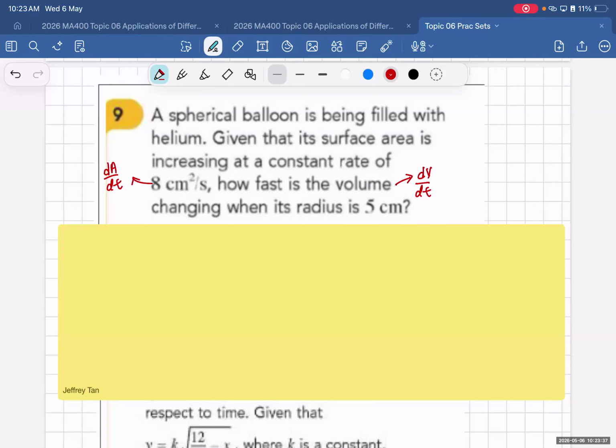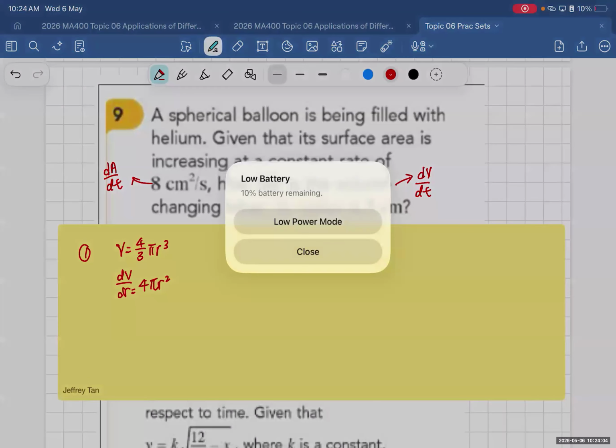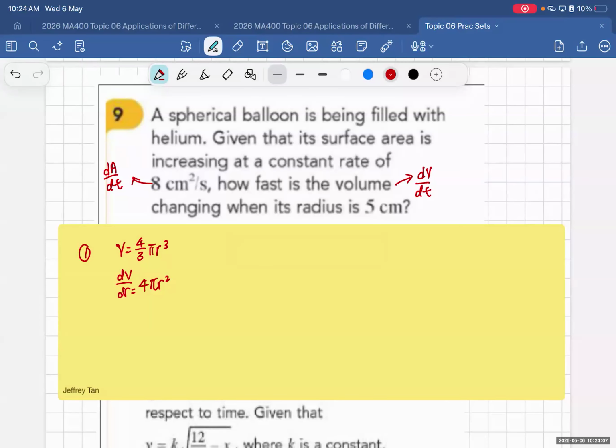First, V is equal to 4 over 3 pi r cubed, because it's spherical. dV/dr is 4 pi r squared. Then let me take dV/dr times dr/dt.